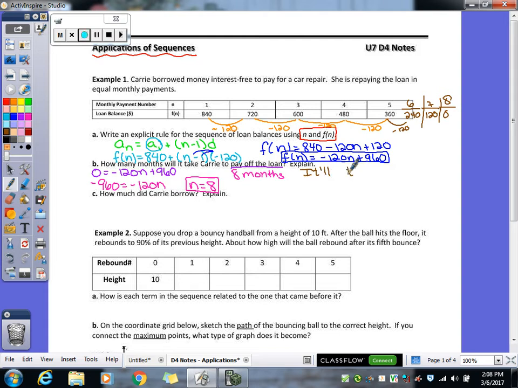It'll take 8 months, because that's when the balance is 0.